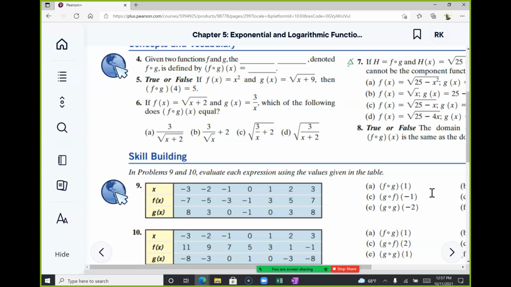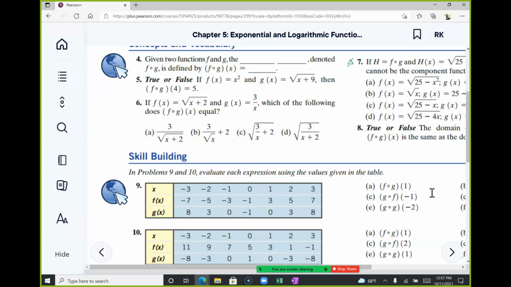Then G composed of F of -1, then G composed of itself of -2. Self-composition is a thing that happens in nature quite a bit. It's how things grow. It's how fractals are created, that kind of thing. So, but let's do the first problem.